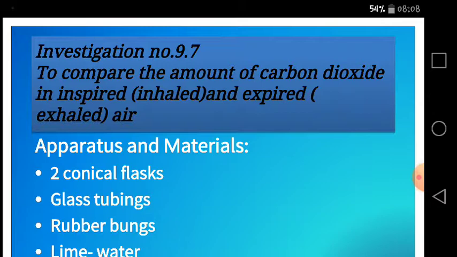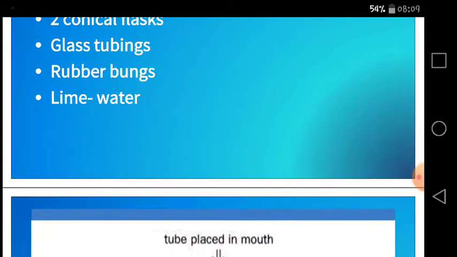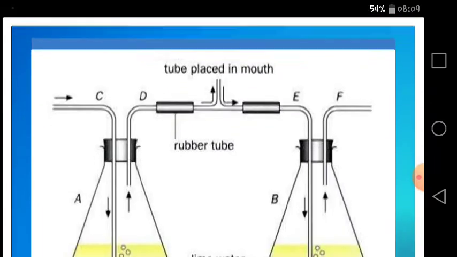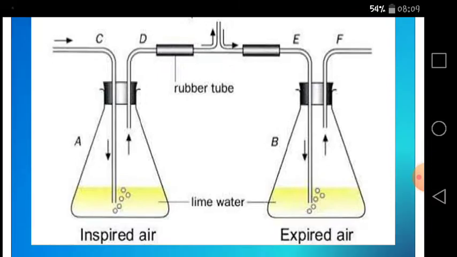Dear students, the apparatus and materials which we require for this practical are 2 conical flasks, glass tubings, rubber bungs, and lime water. We have to set the apparatus as you are going to see in this diagram.